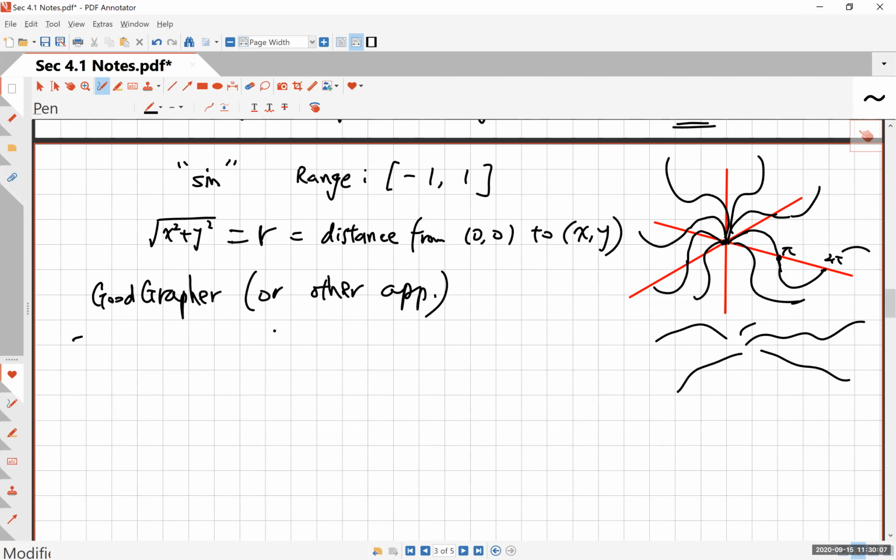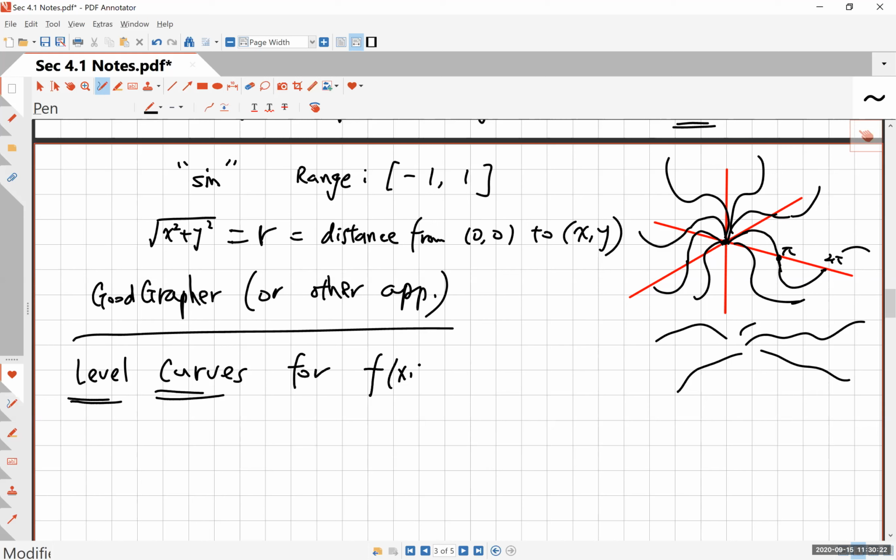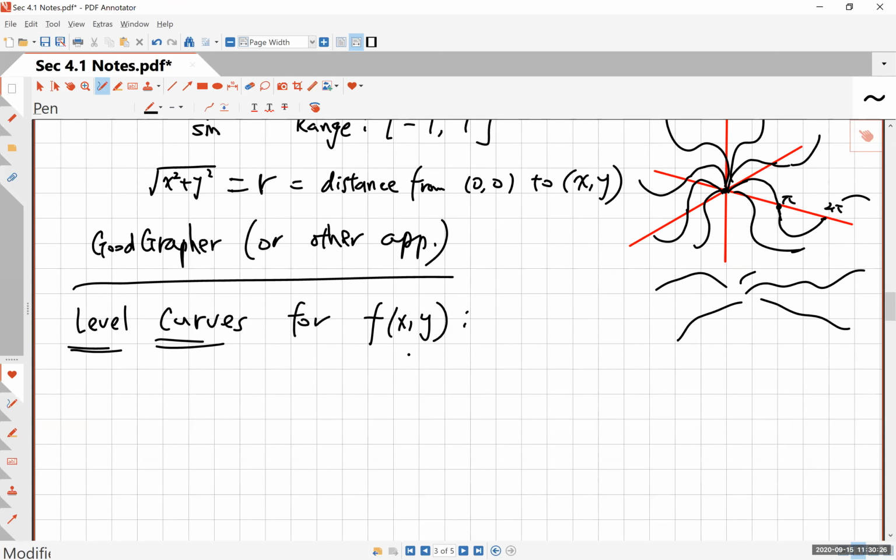All right, so one very important thing to study in terms of multi-dimensional or multivariable functions is called the level curves. Level curves for f of (x, y). We now focus on a function of two variables.